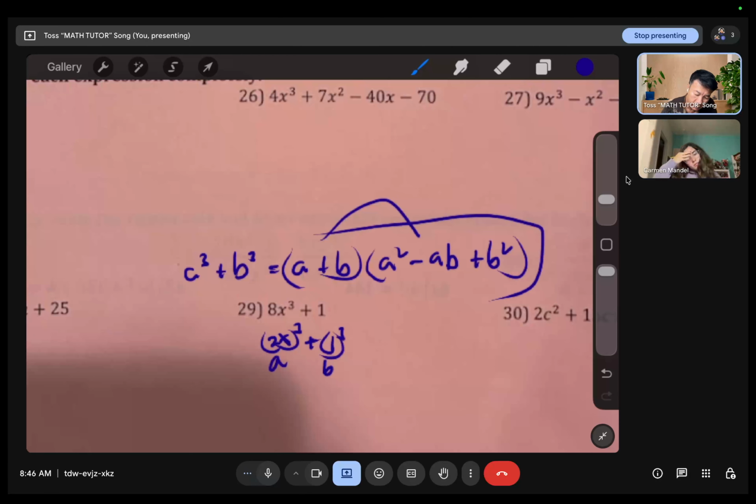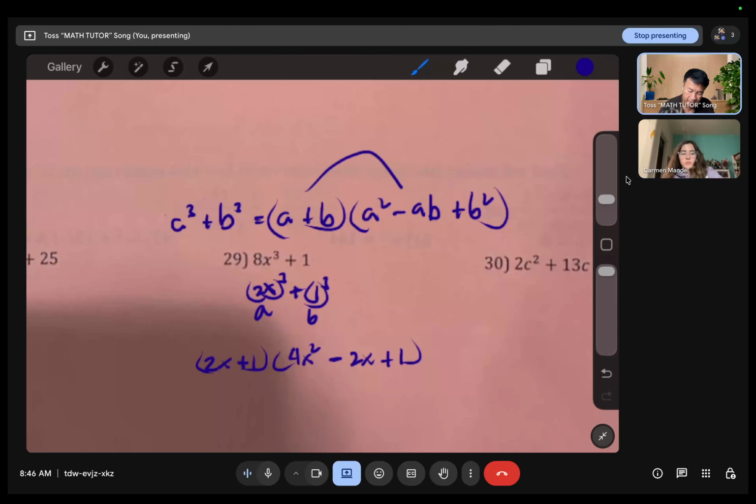Then you can start substituting it into the formula. So the answer should look like this: 2x plus 1, times 2x squared, which is a squared, it's going to be 4x squared, minus 2x times 1, which is 2x, plus b squared, which is 1. So this should be the answer.